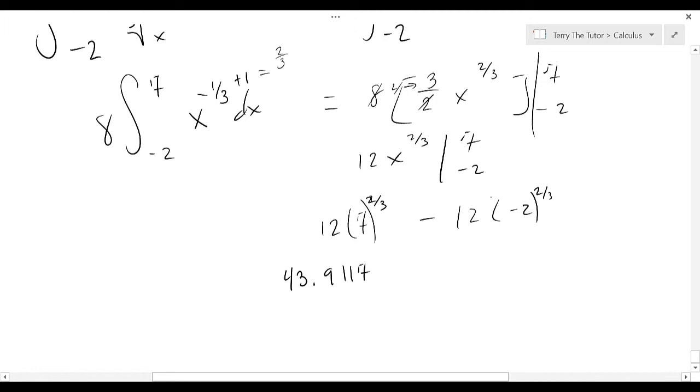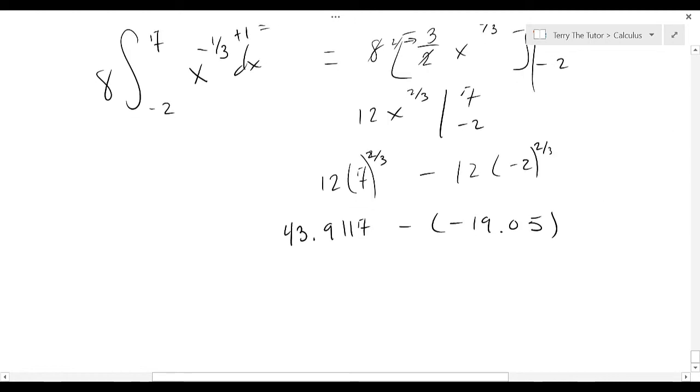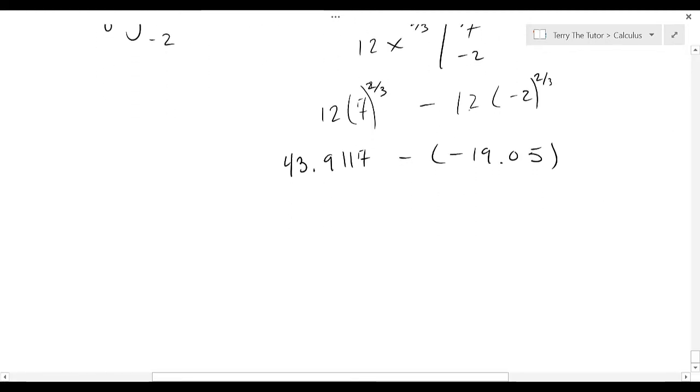Now let's do the same. We've got negative 2 to the power of 2 divided by 3, which is another decimal, times 12 is negative 19.05. So a negative and a negative, I'm going to be adding.